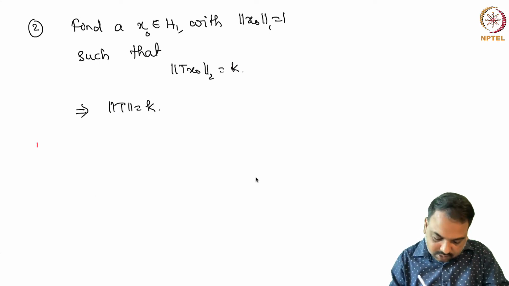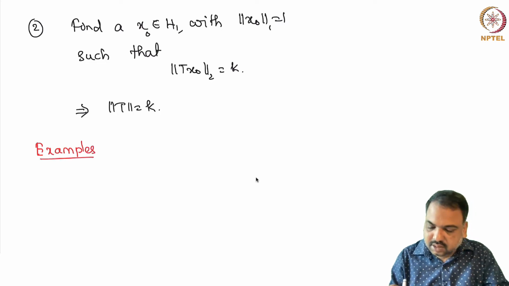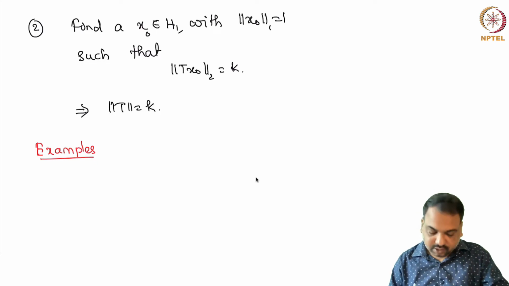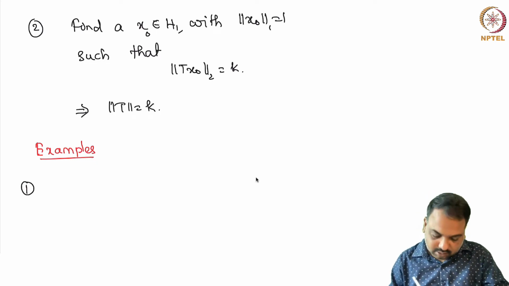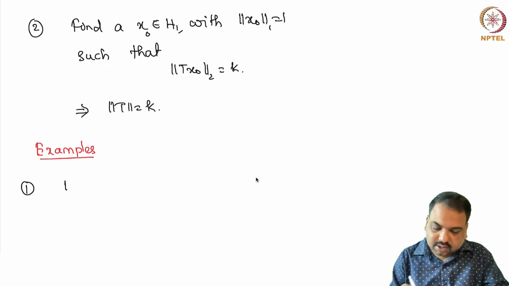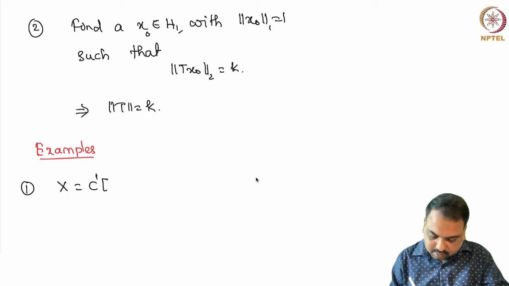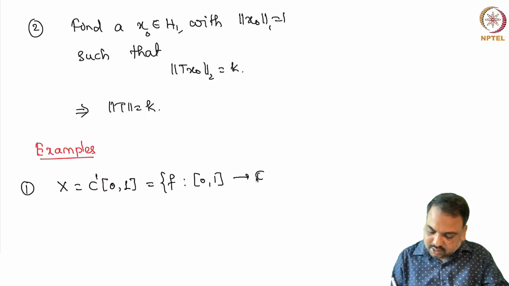Yeah, let us try to see a few examples. Let us take X to be C'[0,1], the set of all functions from the closed interval [0,1] into C such that f' is continuous on [0,1].